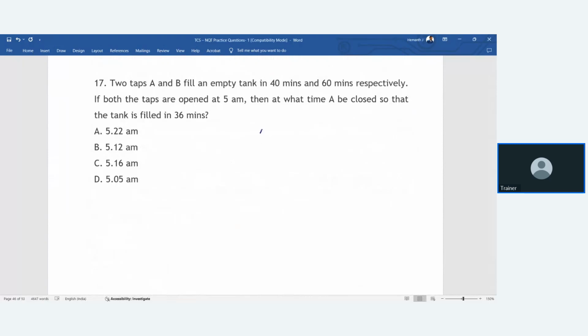A can fill the tank in 40 minutes, B can fill the tank in 60 minutes. So assuming tank capacity as the LCM of 40 and 60, that is 120 liters. A can fill 3 liters per minute. B can fill 2 liters per minute.